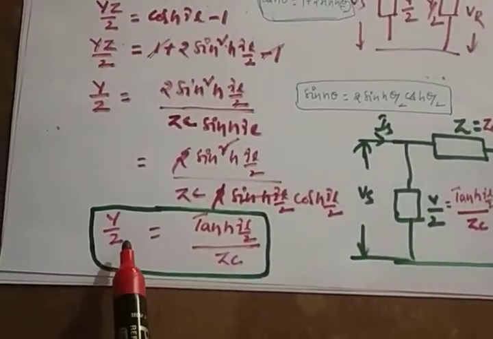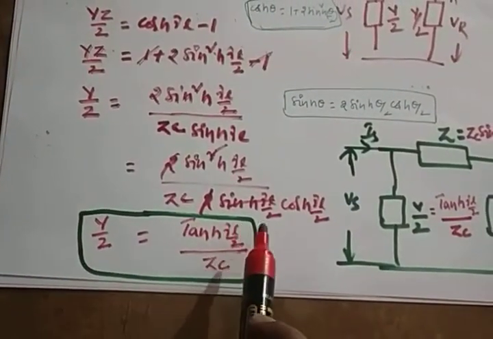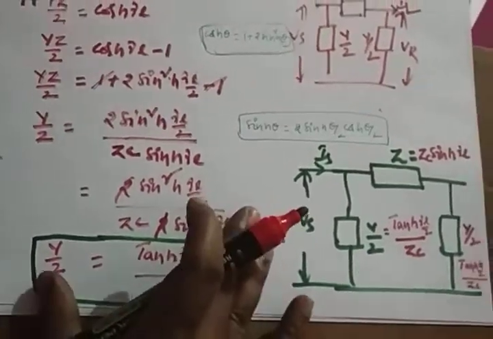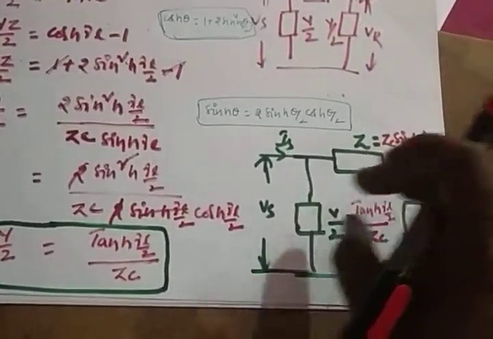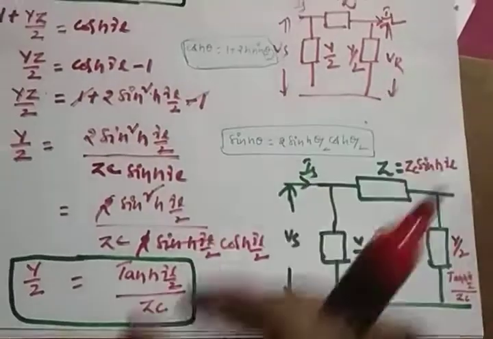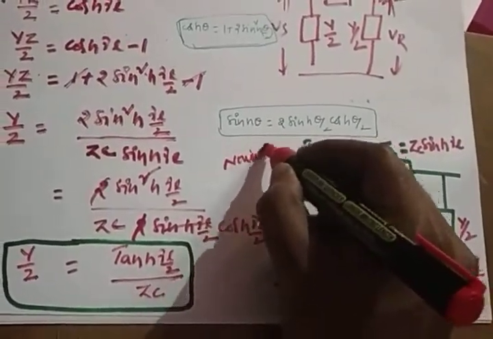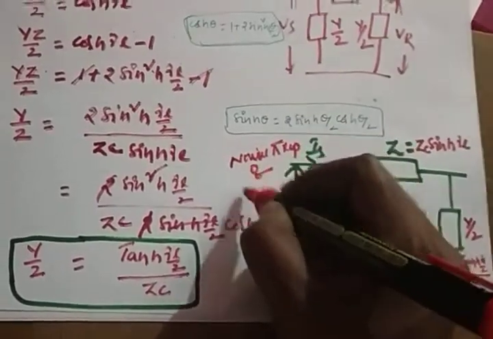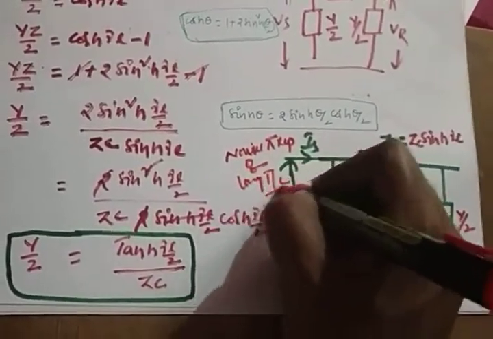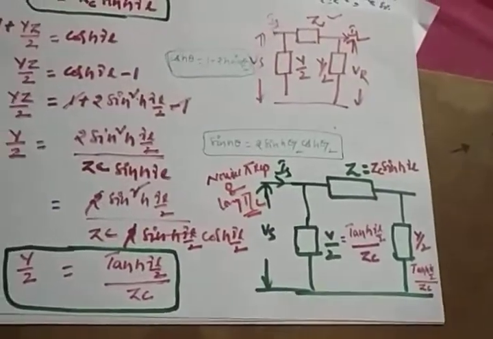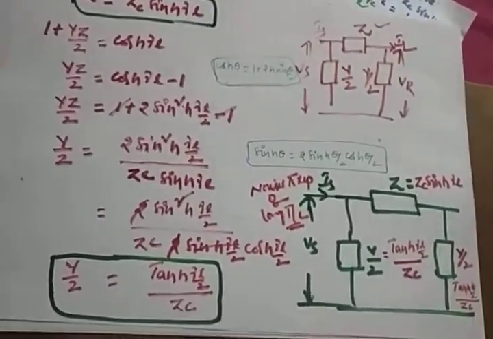You will get the relationship Y by 2 is equal to tanh gamma l by 2 by Zc. Then substitute the Z value, substitute the Y by 2 value. So this is a nominal pi representation of a long transmission line. I hope it's clear. So this is a nominal pi representation, right?